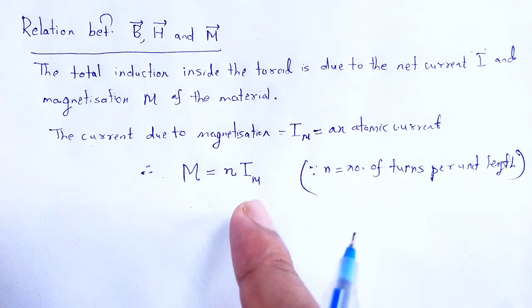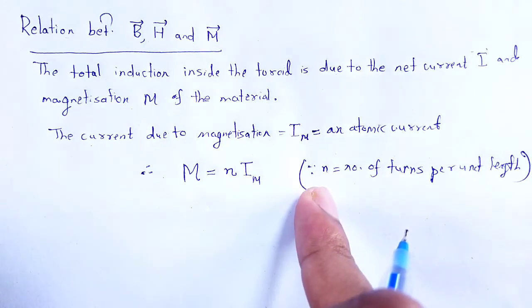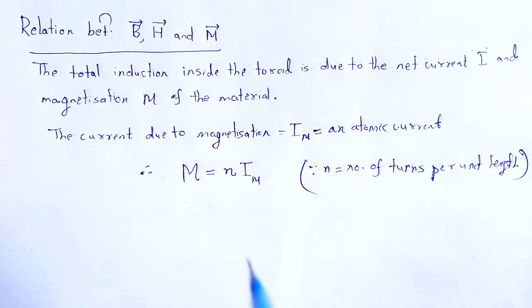So, the total current is the sum of the true current and the current due to magnetization.